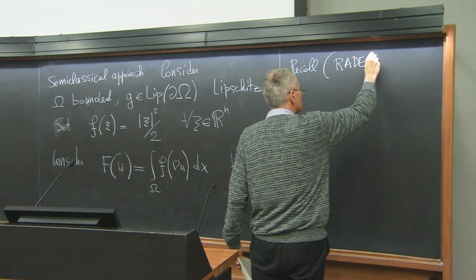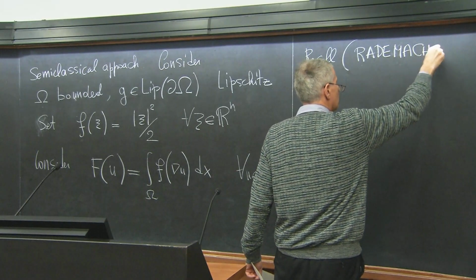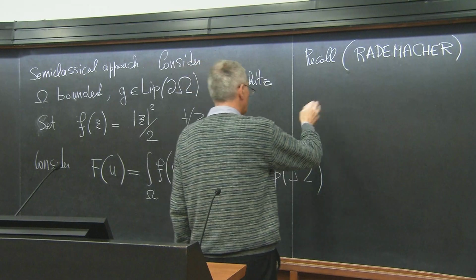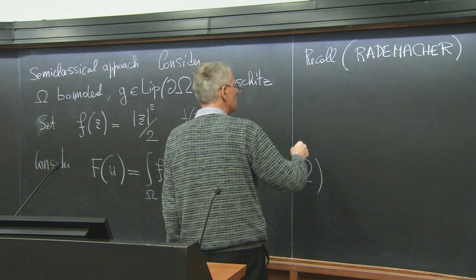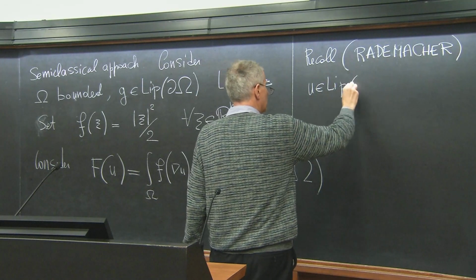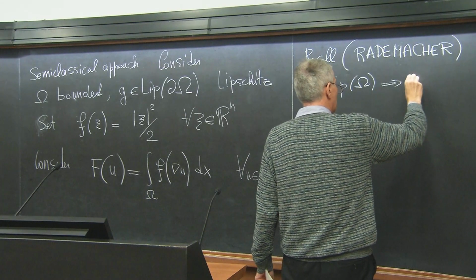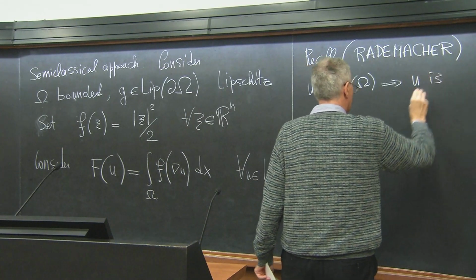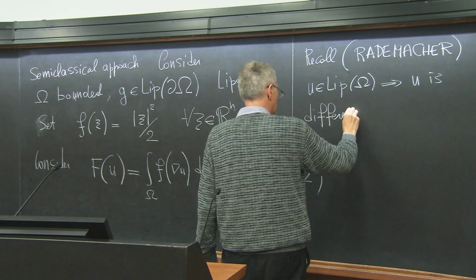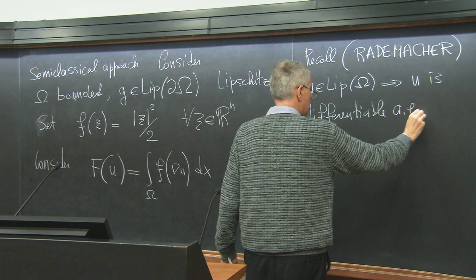You are not supposed to know this, but it explains why it's nice to put the problem like this. So u Lipschitz implies that u is differentiable in the classical sense almost everywhere in omega.